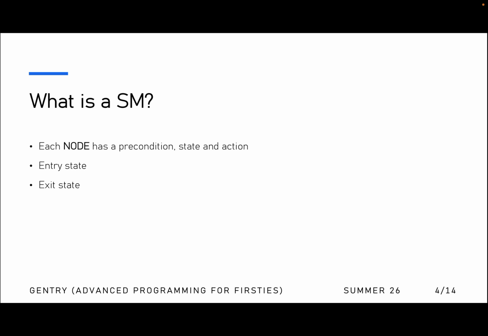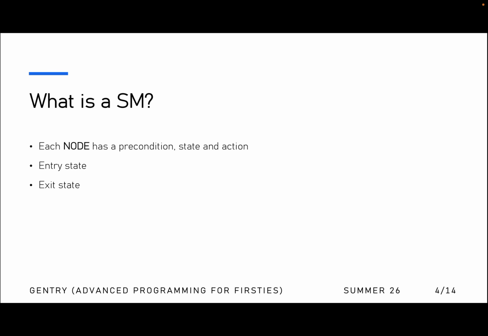So what is a state machine? Every node is going to have a precondition, a state, and an action, as well as an entry state and an exit state. You can have actions for the exit, for the entry, for the transition, or action.